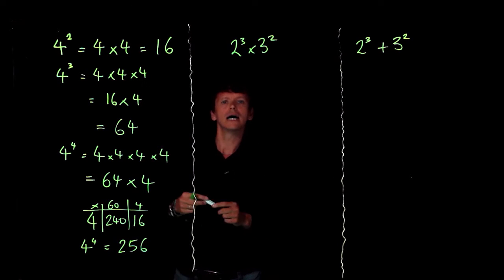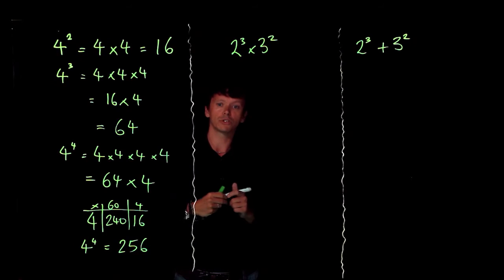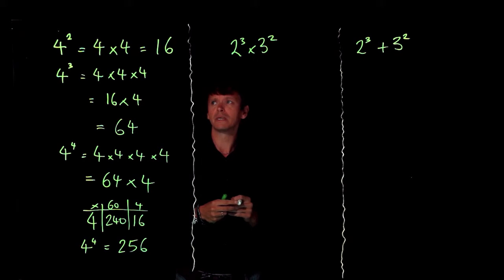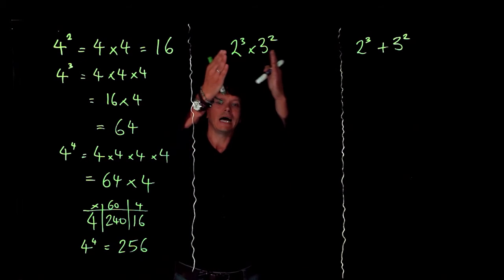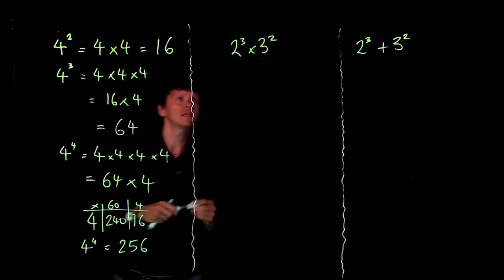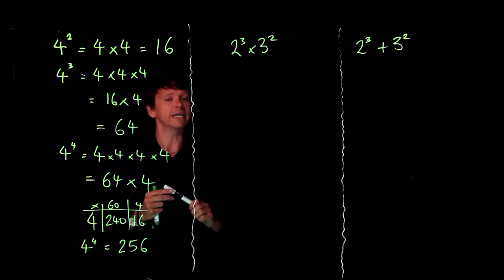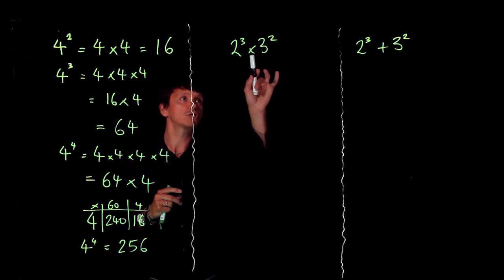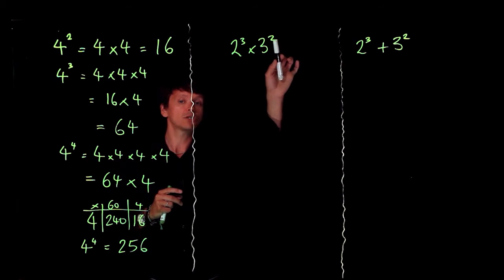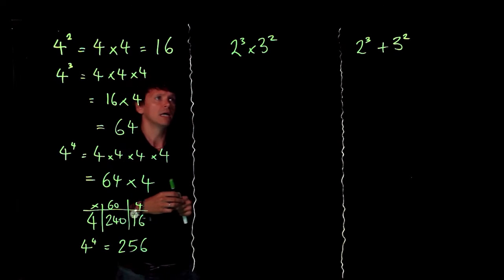Let's look at a couple of examples like the ones you are likely to see in an exam, where you would take this basic knowledge, this basic process, and you combine it. You've got two numbers here. So we've got 2 to the power of 3, which is known as 2 cubed, multiplied by 3 squared. Okay?